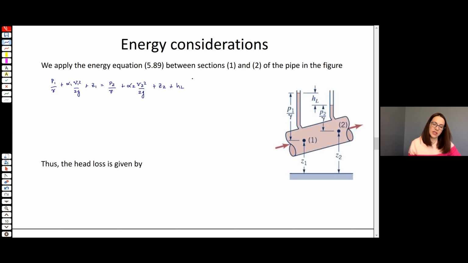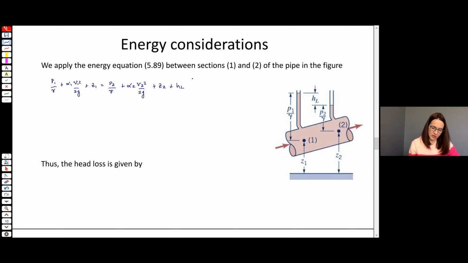Okay. And just a reminder, alpha 1, alpha 2 are kinetic energy coefficients that compensate for the fact that the velocity profile is not uniform. So if you have a uniform velocity profile, alpha 1, alpha 2 are just 1. If you have a non-uniform velocity profile, for example, parabolic velocity profile, then they are greater than 1.